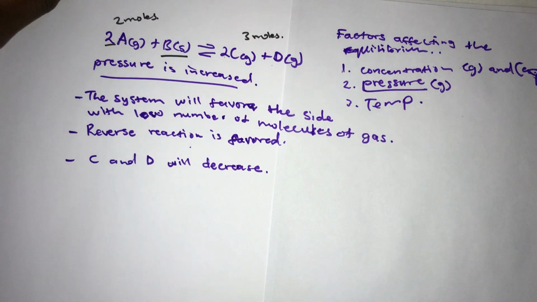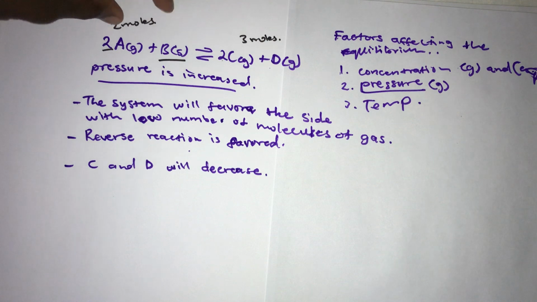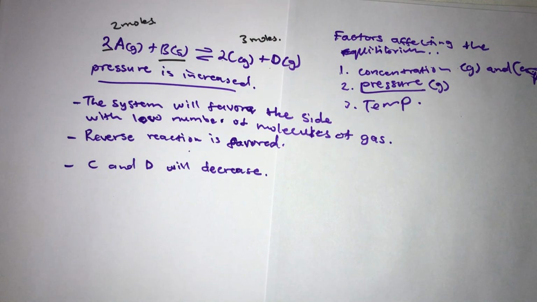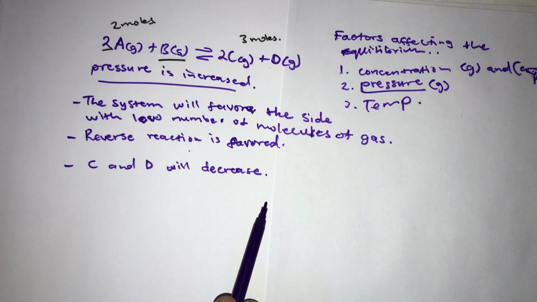We found out that on the reactants we have 2 moles, on the products we have 3 moles. It means that the reactants have fewer molecules. Then the reverse reaction will be favored according to the number of moles that you found. And since the reverse reaction is favored, the products are going to decrease. So that's why we're saying C and D will decrease.